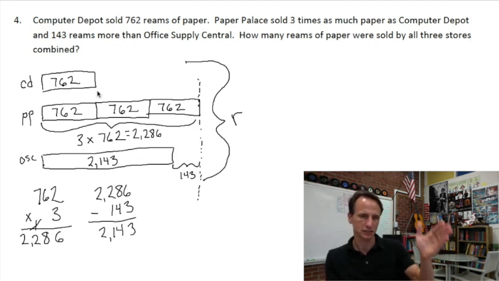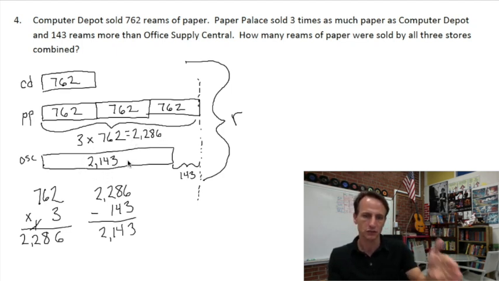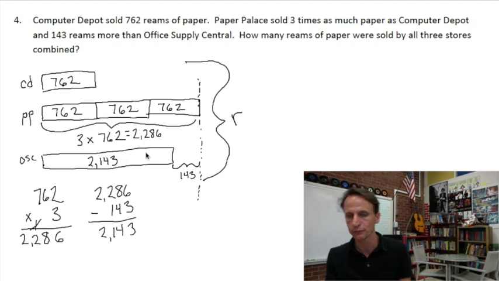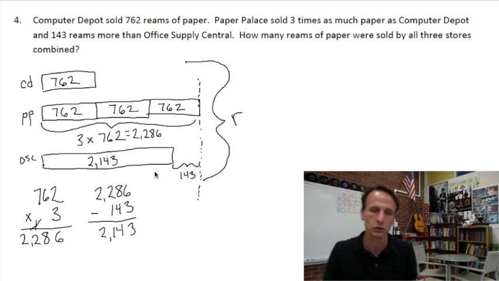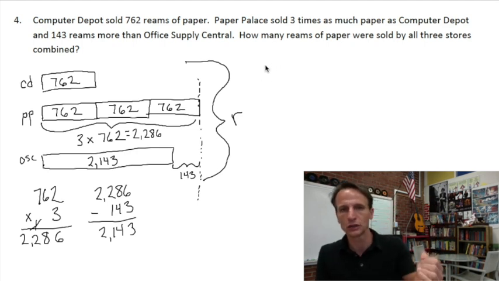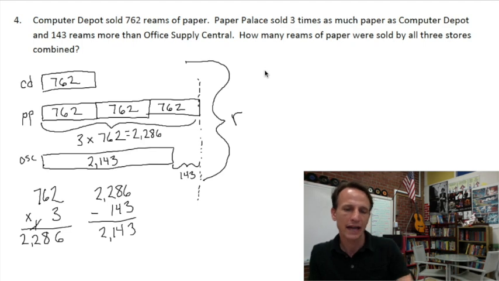And now I can clearly see, you see why I write in my subtotals? So I can clearly see I'm adding this 762 with the 2,286 with the 2,143 to get a grand total. Some people like to do this in 2 steps, add 2 of the numbers, get a subtotal, and then add the third number for the grand total. I'm feeling lucky, so I'm going to do it all at once, all 3 add-ins.